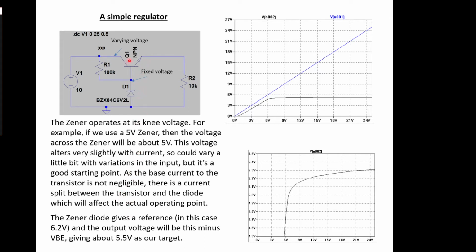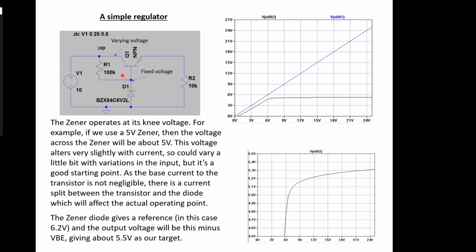So when the transistor's on, we've always got 0.7 volt across here. We've always got 6.2 volts across here when this is operating. So what we're going to get is 6.2 minus whatever VBE is across here, which, if we assume the transistor's on, we can call about 0.7. So we will always get 5.5 volts in this particular system out as our target voltage, assuming everything is on and flowing happily.